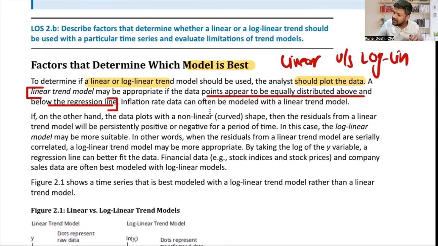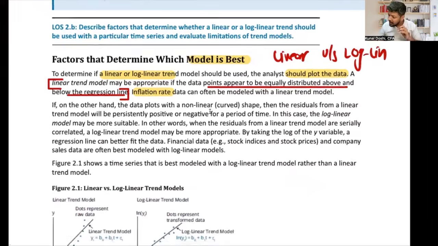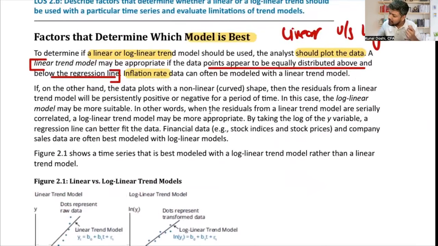For example, they've given the example of the inflation rate. Inflation rate can increase or decrease, correct? So that I can use with a linear trend model. But if the data plots with a non-linear shape, then the residuals from the linear trend model will be persistently positive or negative.